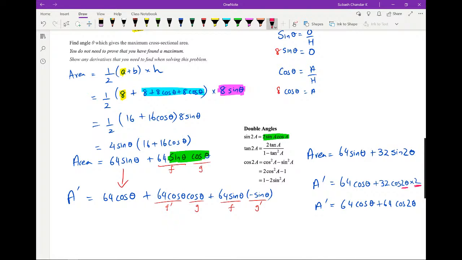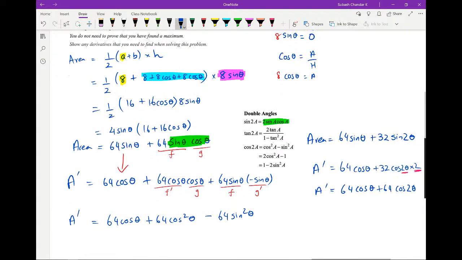But anyway, look, you still have to use one of these formulas, whether you like it or not, because when you get to A dash, you write this as 64 cos theta plus 64 cos squared theta minus 64 sine squared theta. And look what happens, guys. We take 64 as a common factor in those second two terms, and we get cos squared theta minus sine squared theta.